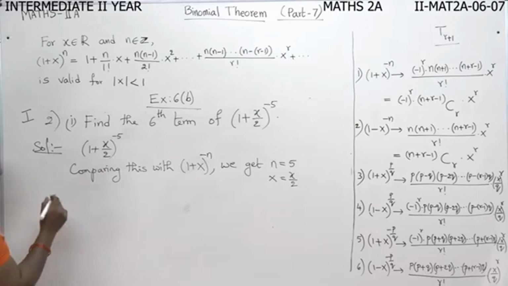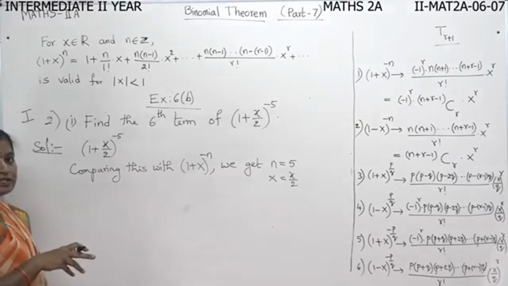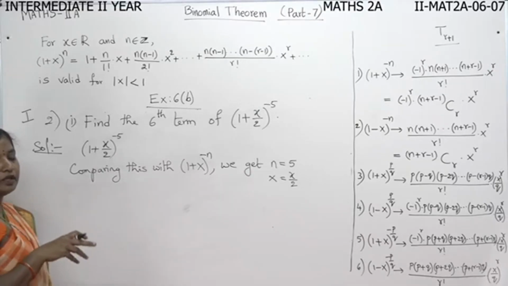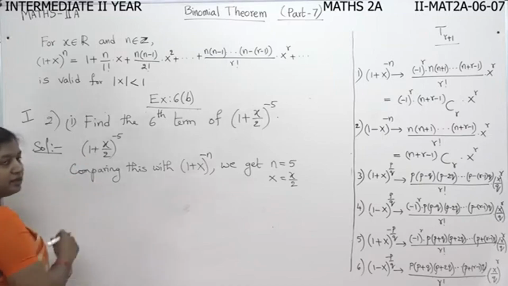To find the sixth term, we must know the general term. If we know the general term tr plus 1, we can find the sixth term.